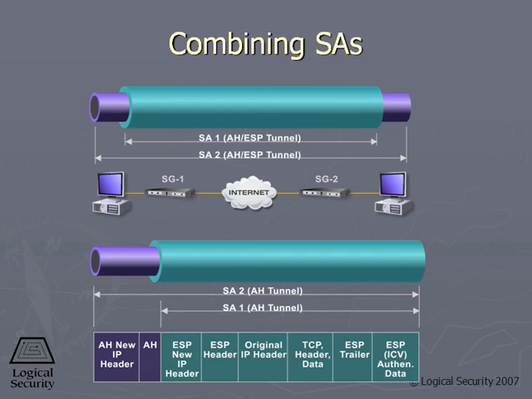So this is how they can be mixed or matched, where you have AH set up between the node and the VPN device, then ESP between the two VPN devices, and then you could have AH between the VPN and the destination.